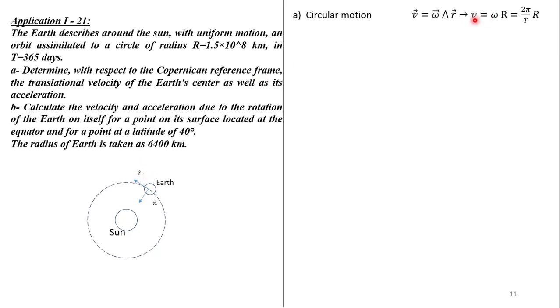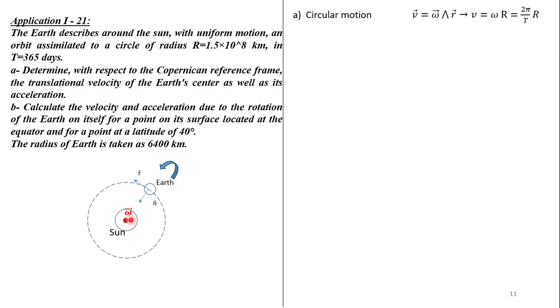Now to find the magnitude of V, V is equal to omega times r times sine of the angle between omega and r. So where is omega? Since the Earth is rotating around the Sun in this direction, the right-hand rule tells us that omega is a vector perpendicular to the screen, pointing toward us.